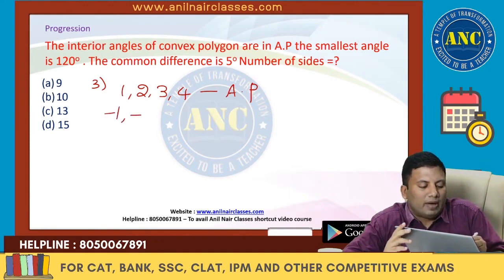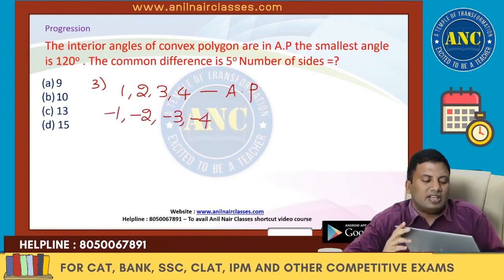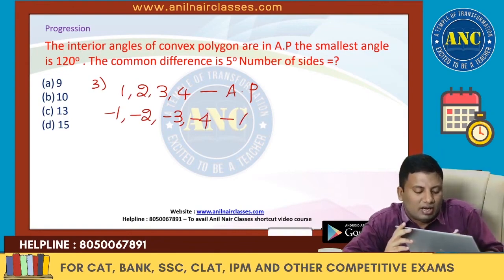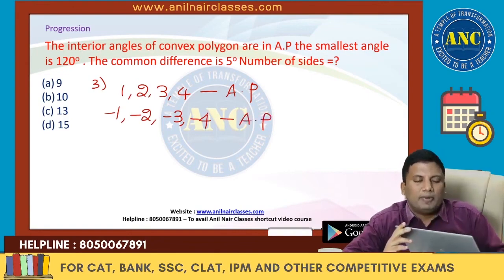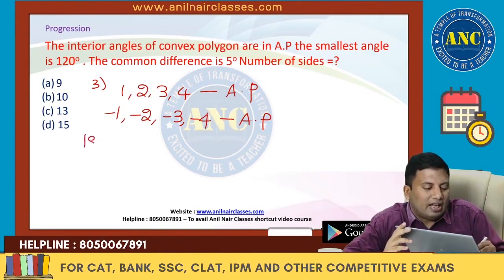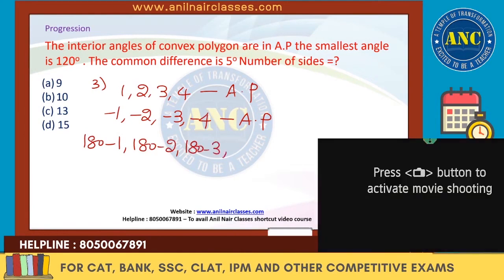If I put a minus sign, still the difference is constant, which is minus 1, the series will be in AP. If I add a value, 180 minus 1, 180 minus 2, 180 minus 3, 180 minus 4, again the series will be in AP.